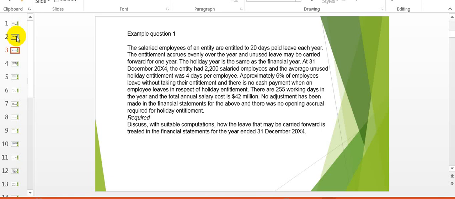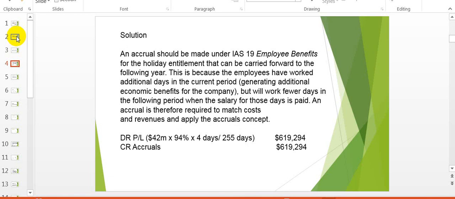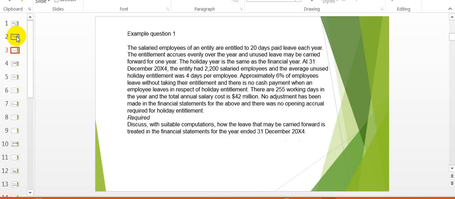Then we multiply that by the 4 days entitlement, and divide that by the total working days in a year, to give us the expense we need to recognize at the end of December 20X4.